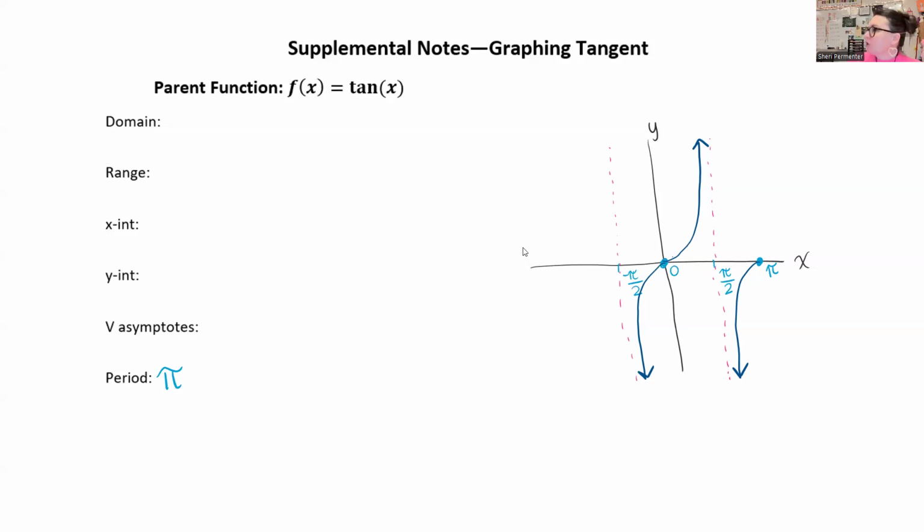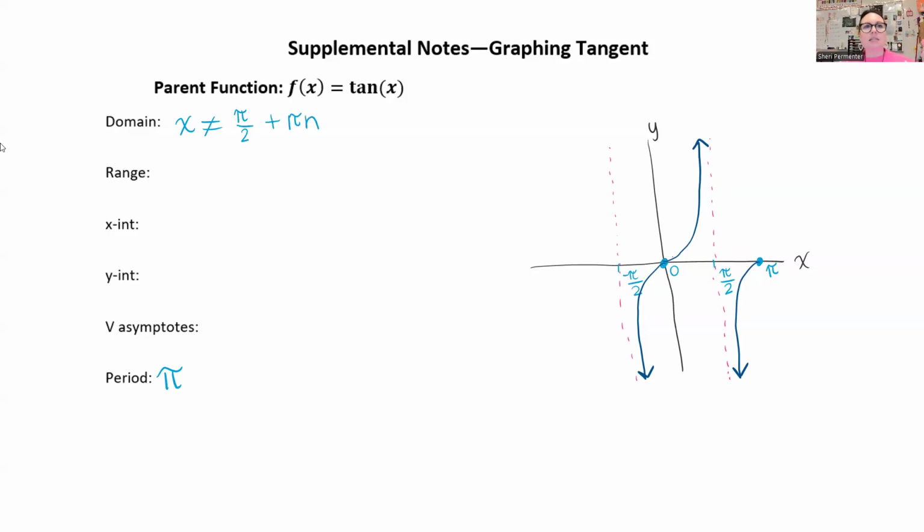The domain. So this graph continues on forever left and forever right, but the graph never crosses these asymptotes. So we've got to take into account these asymptotes. And so we're going to say that x, because domain represents the x's, x is not equal to pi over 2 plus pi n.